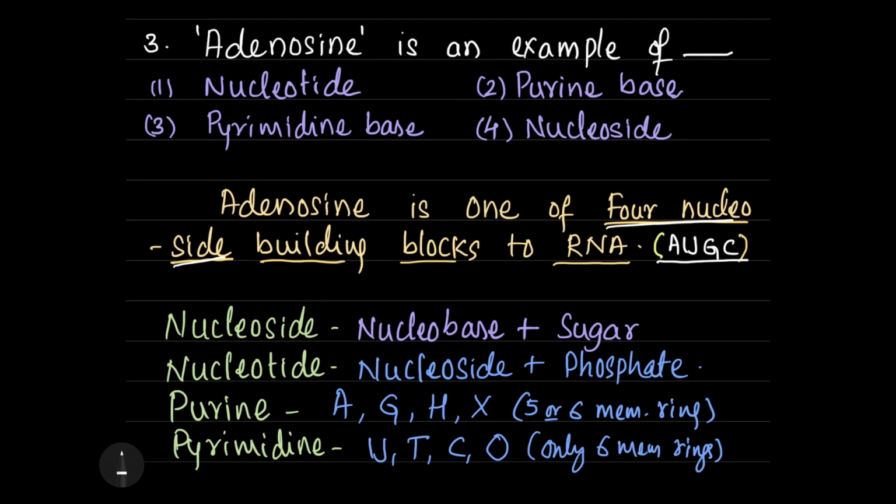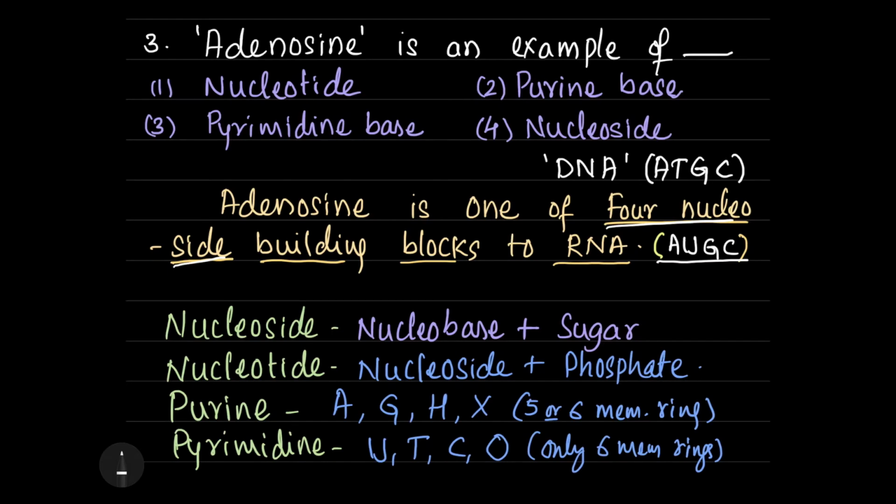And you already know what is present in DNA: A, T, G, C. Here, A stands for adenine, T stands for thymine, G stands for guanine, C stands for cytosine.